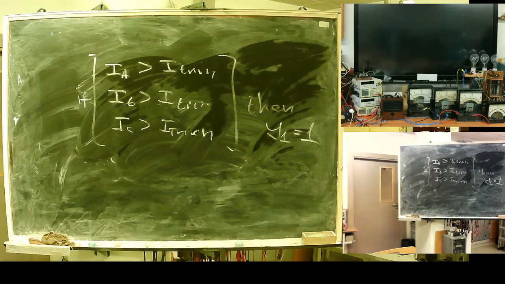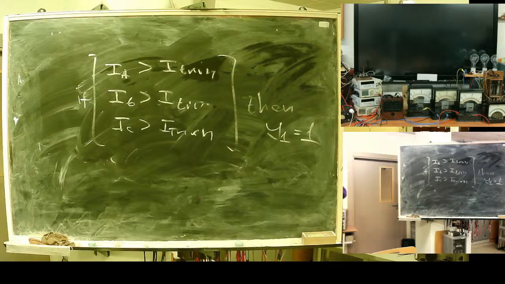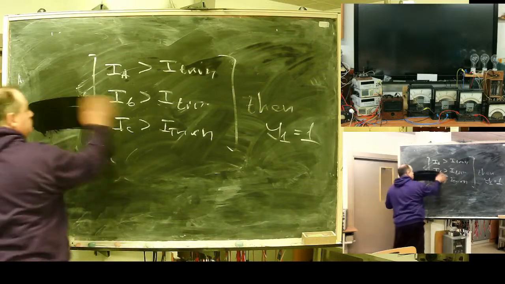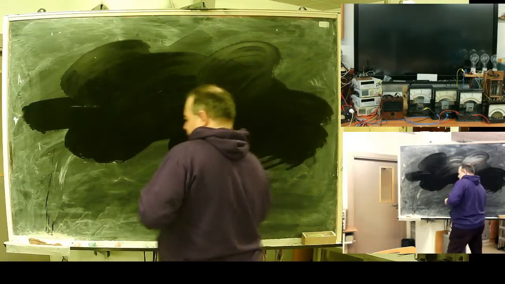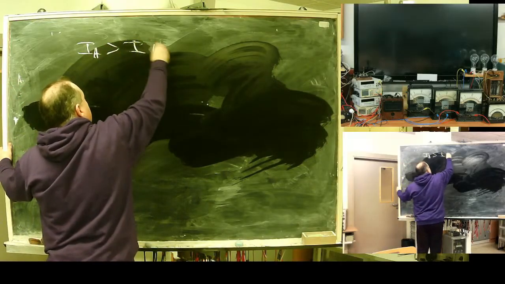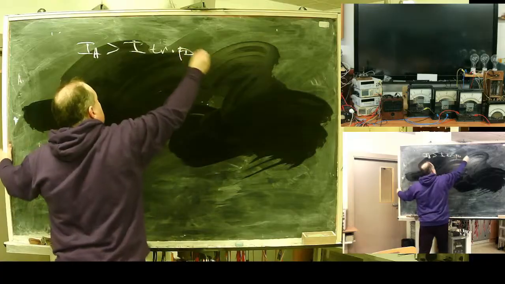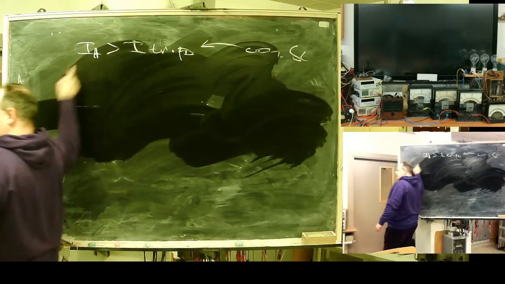What do we have? At this point, we know how an ADC works. What do we have? If A greater than A, this one is constant. Okay, but what here?